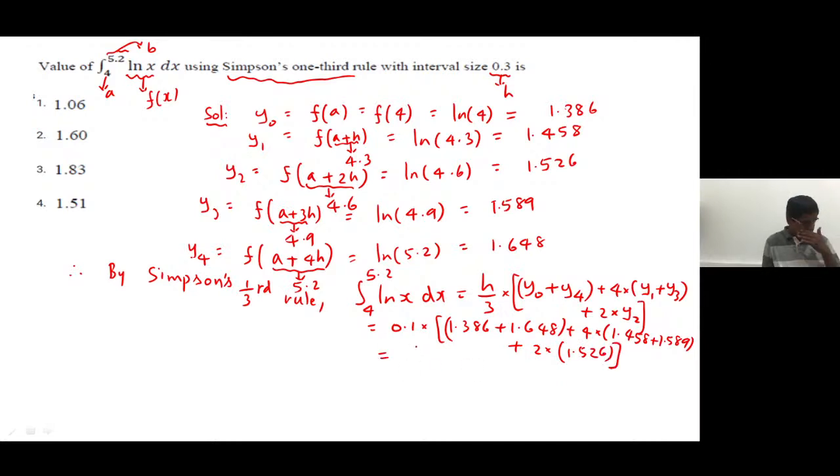So please calculate. You will be getting 1.8274, because options are all up to 2 decimal places. Now the third place is more than 5, add 1 to the second digit. So this is 1.83, up to 2 decimal places because of options. Accordingly, the third one is the answer. Hope that everyone understood and following.